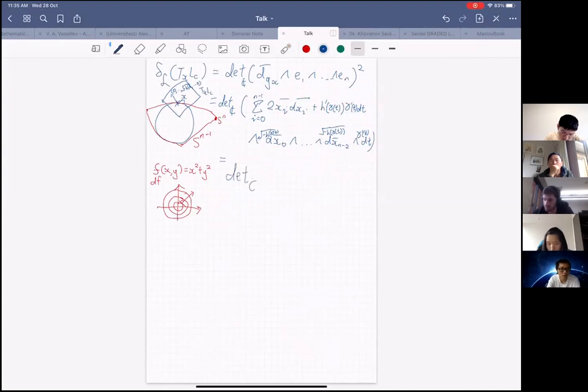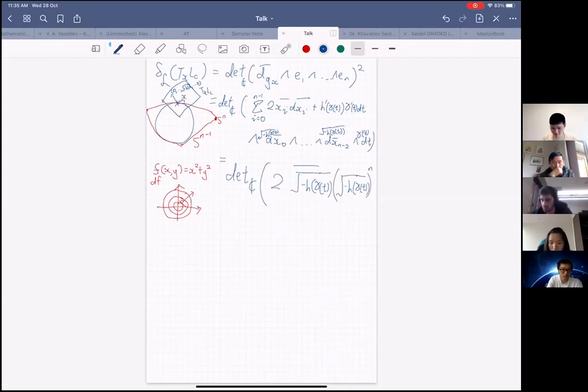the determinant of c to, multiplied n minus 1 times. Let me make sure I write the correct thing.